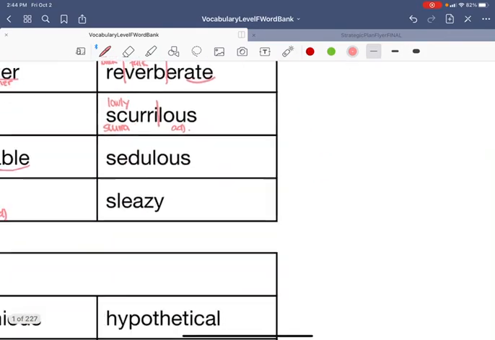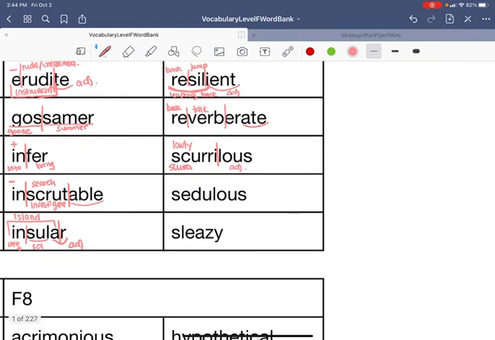Sedulous. So the way I break down sedulous is ous, it's an adjective. And a lot of words that have the word sed mean sitting, not moving.